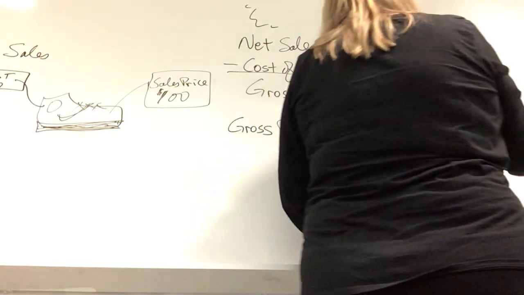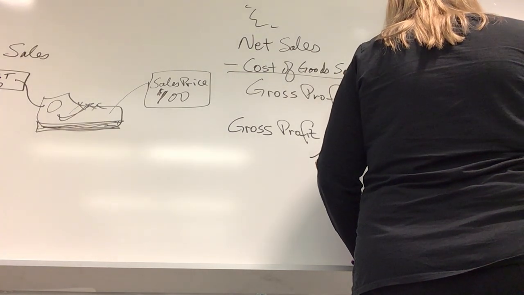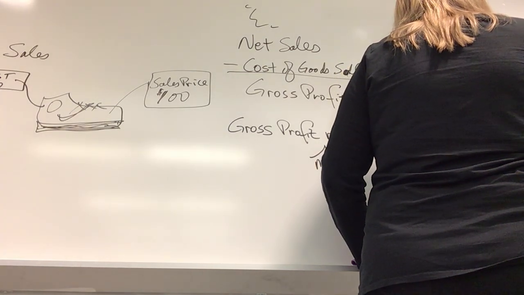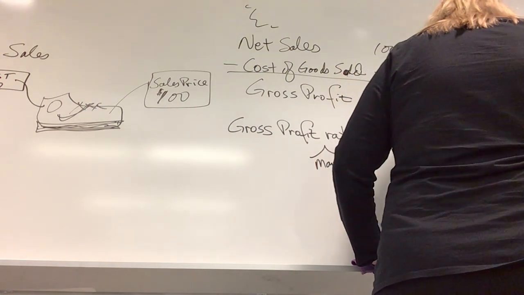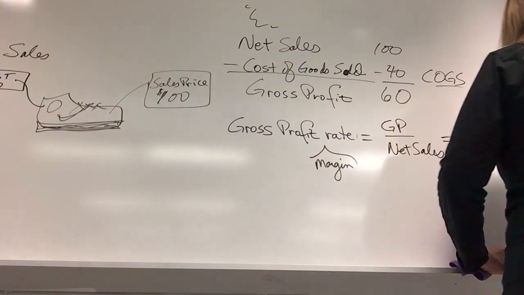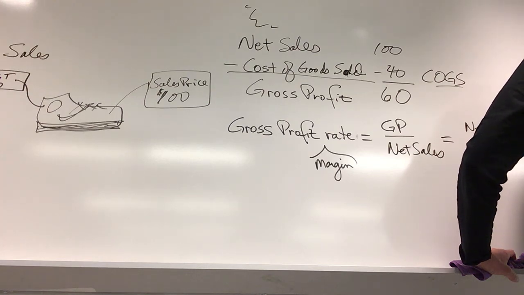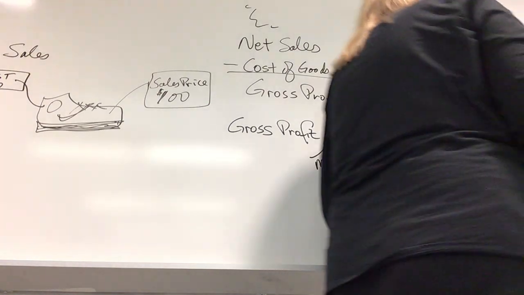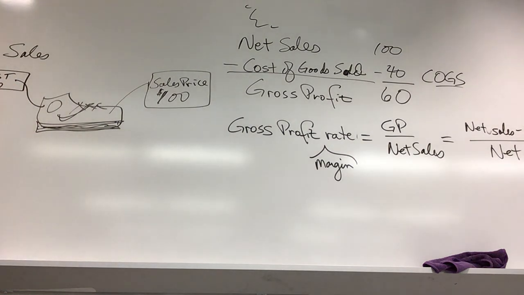So gross profit, we know, is net sales minus cost of goods sold, divided by net sales. So in this case, it equals $60 divided by $100, which is 60%. So our gross profit rate, gross profit margin rate, is 60%.